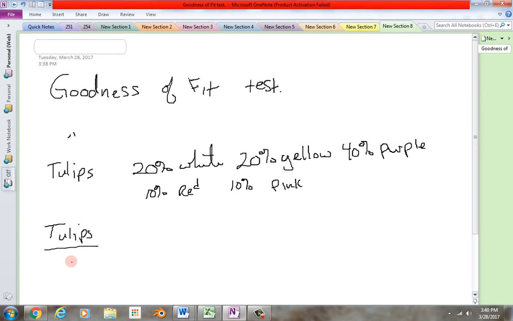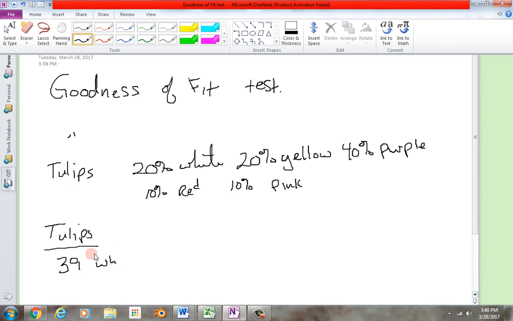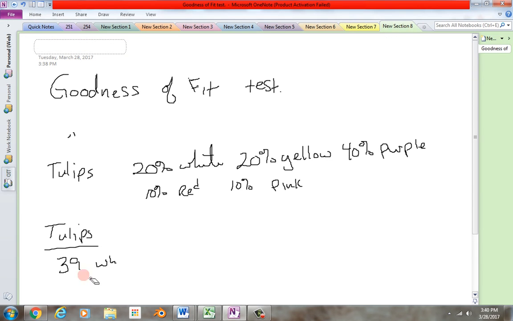So I go out and I actually find some tulips, and I count them, and I find, I don't know, 39 white ones. I'm going to set this up a little different here so that hopefully when we're done, you're like, oh my gosh, that makes so much sense. So the white ones are right here.